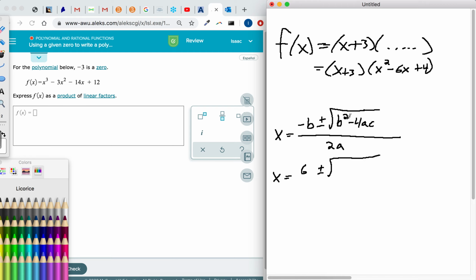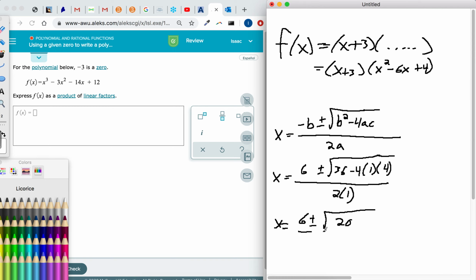Now negative 6 squared is going to be 36, minus 4 times our a, which is a 1, times our c, which is a 4, divided by 2 times our a. And then if you simplify, so 36 subtracted by 16 gives us 20.